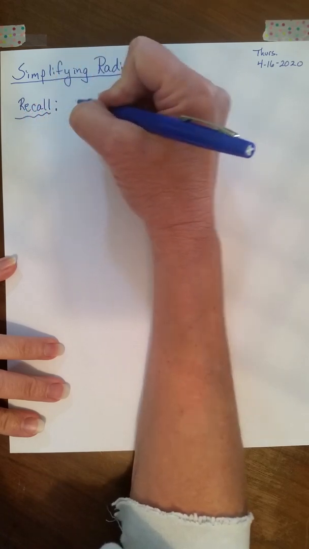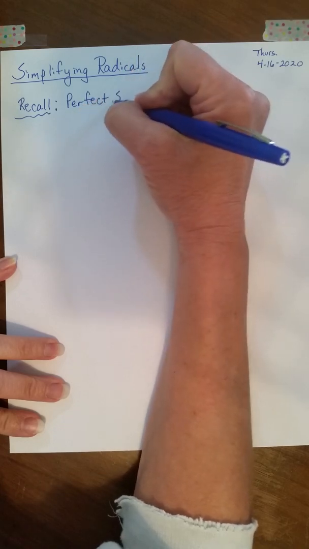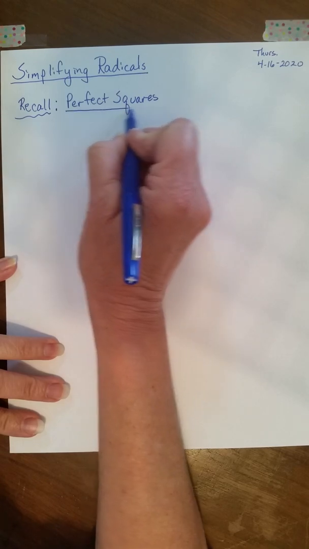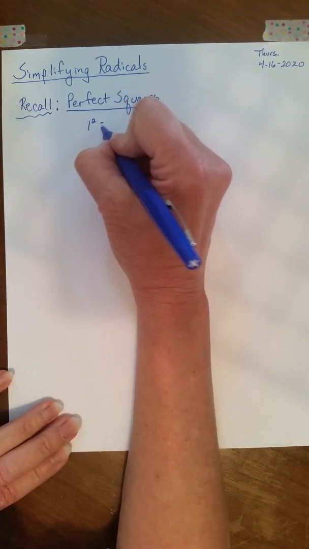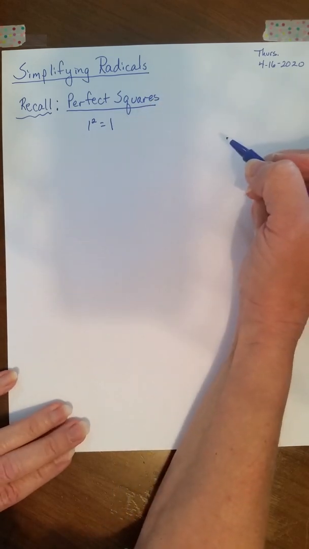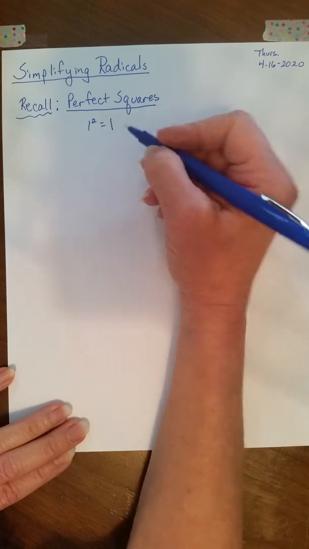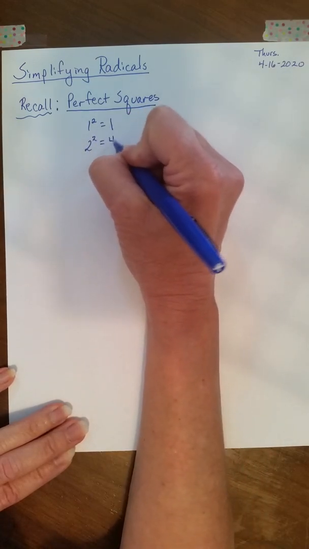Okay, recall perfect squares. Okay, perfect squares are 1 squared. Well, that's kind of boring. That's 1. We don't really even talk about it much, but we do know that 1 squared is 1, and so 1 is a perfect square. 2 squared is 4.